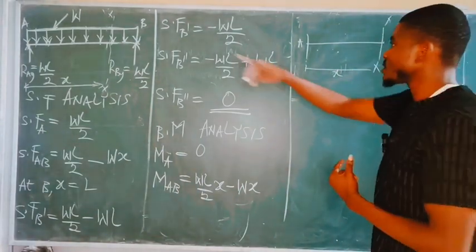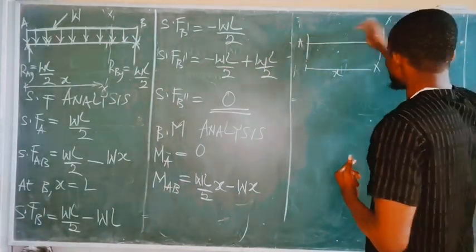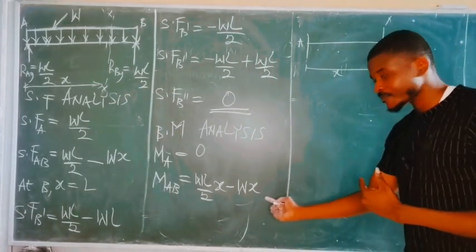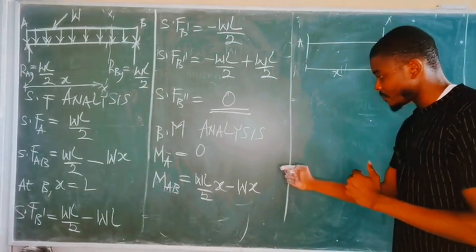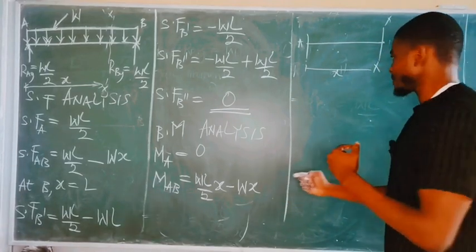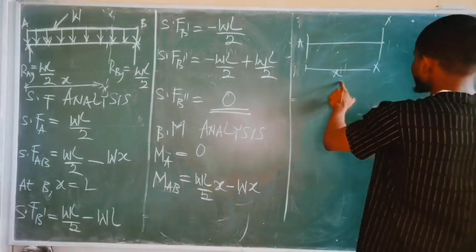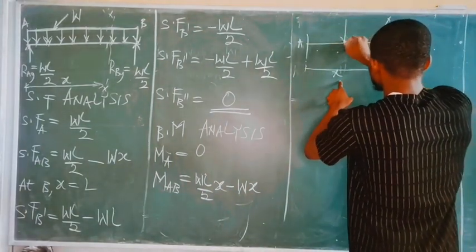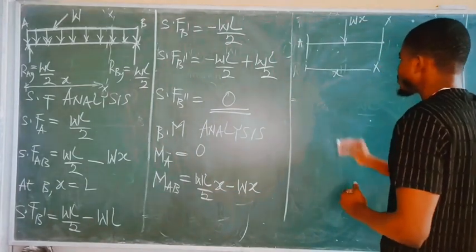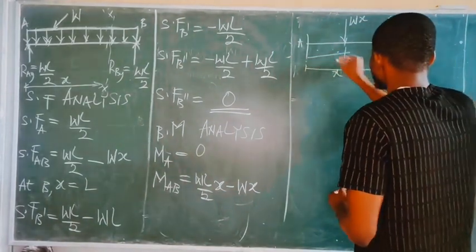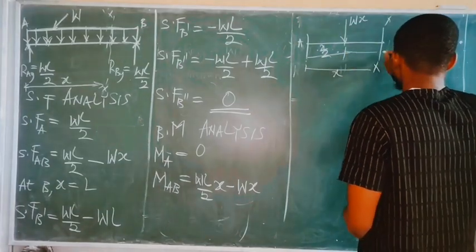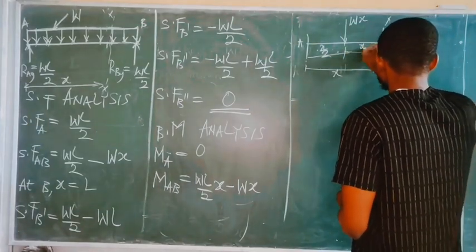We want to convert the UDL that runs from point A to the point of section into a point load, which becomes simply W times X. If you're placing the point load on a beam, you place it at the middle of the length covered. So if the length covered is X, the middle of X is somewhere around here, where we have this load WX. So from this point to the point load is simply X all over 2, and from the point load to the other end, the point of section, is also X all over 2.